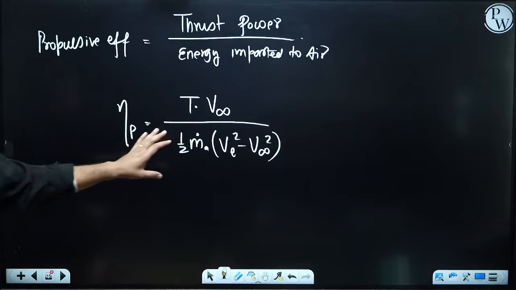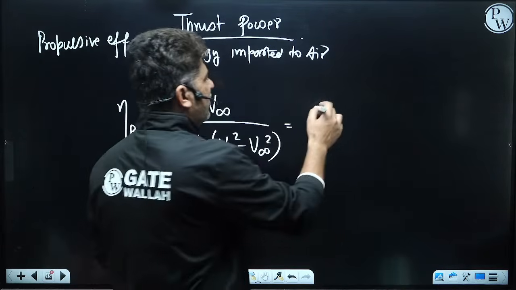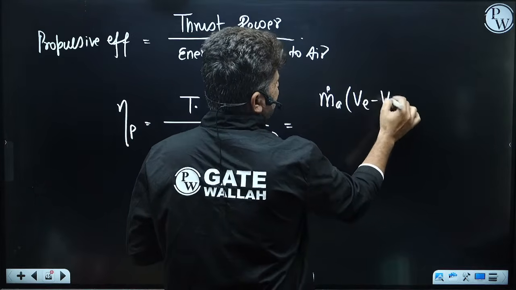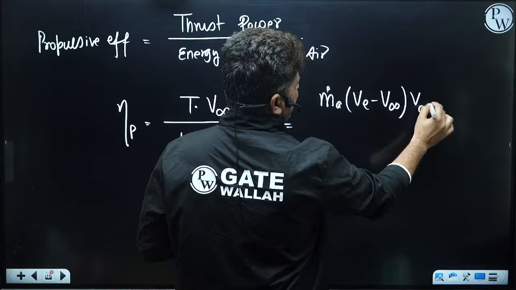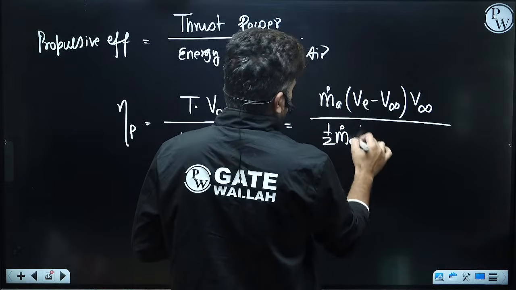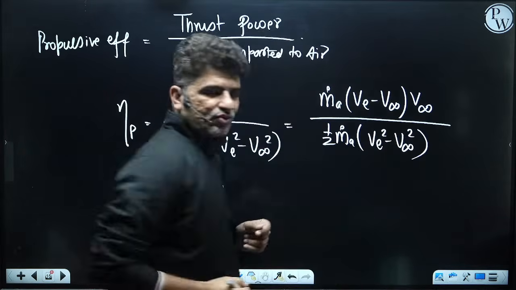Is it clear? Now, what is the thrust power? Thrust power, you have already seen, will be mass flow rate of air multiplied by V exit minus V infinity, multiplied by V infinity, divided by half of m dot air into V exit square minus V infinity square.